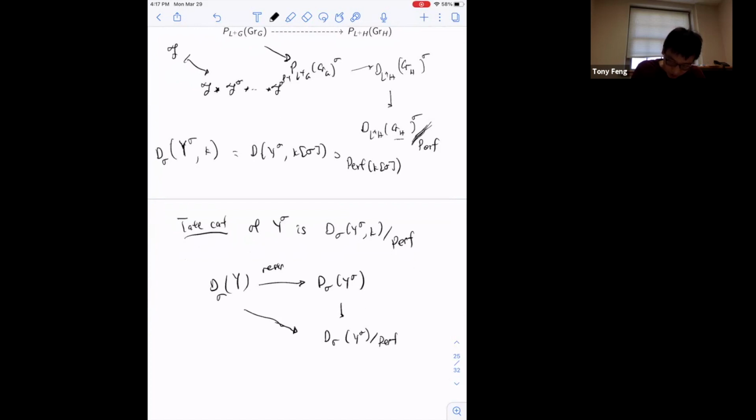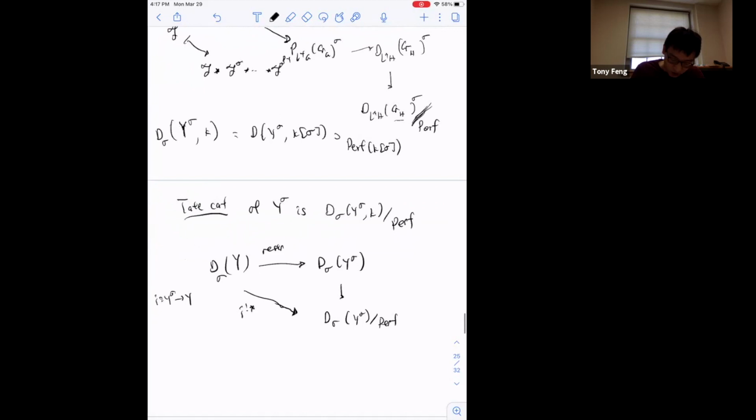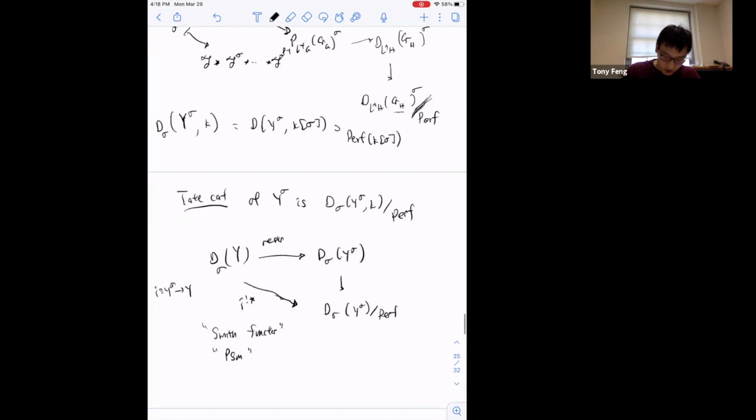I think Jordan introduced the notion, I shriek star, if you think of I as being the inclusion of the fixed points. It also goes by some other names, like the Smith functor or PSM.